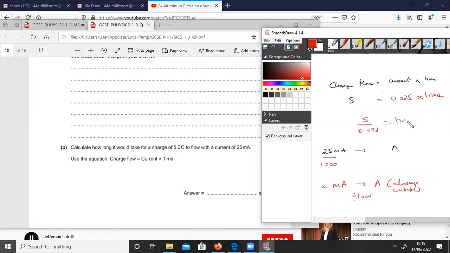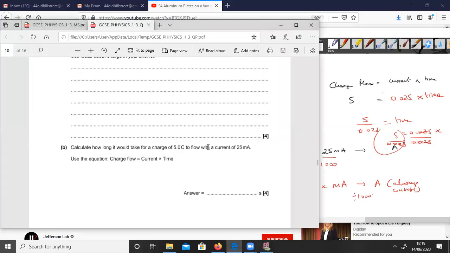Beautiful, equals time. Just imagine this is algebra, and time is x. 5 equals 0.025x. If I want to find x, or time, I divide this side by 0.025, and I divide that side by 0.025, and I'll get my answer. I might get something like 400 seconds or whatever it is. But that's how you do that one. You okay with that one?